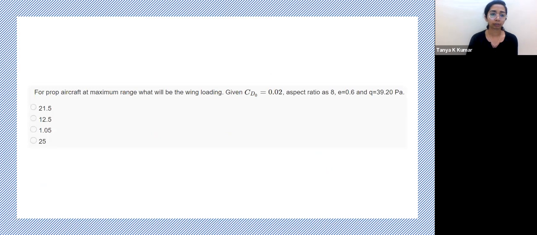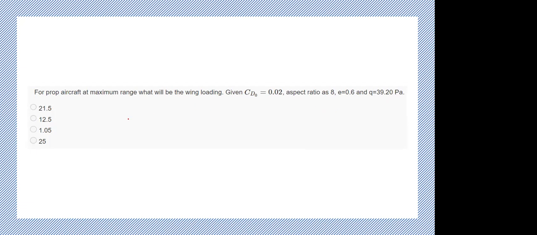Okay. For a propeller aircraft at maximum range, what will be the wing loading? Given CD naught is 0.02, aspect ratio, Oswald's efficiency factor, dynamic pressure Q. How will we start with this? We can calculate CL.